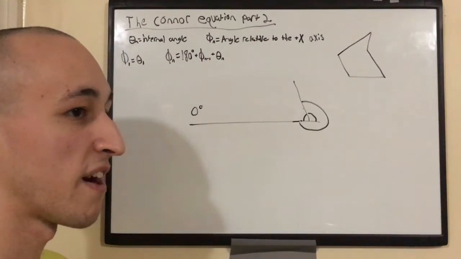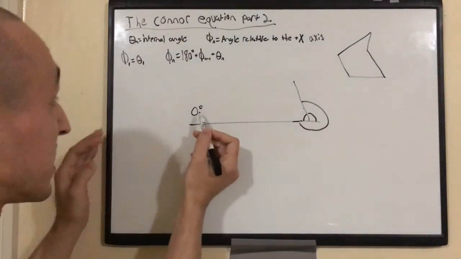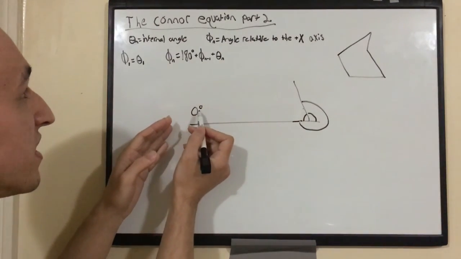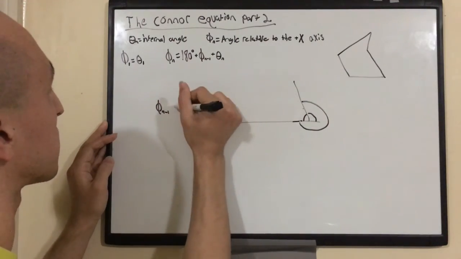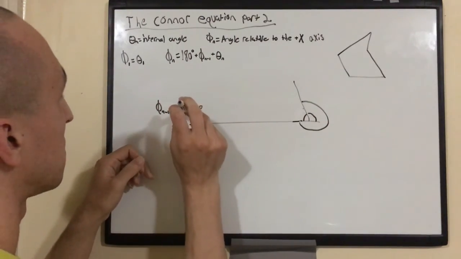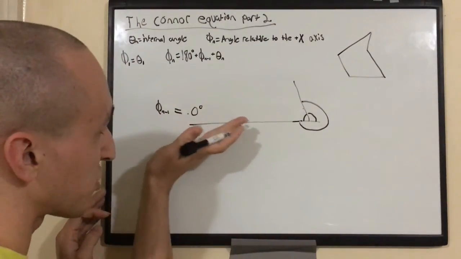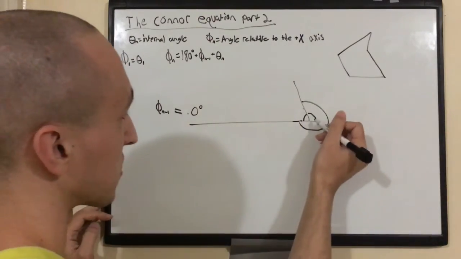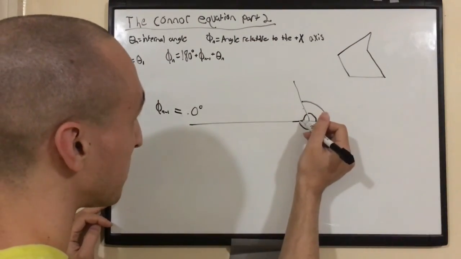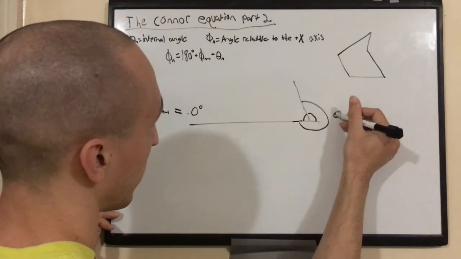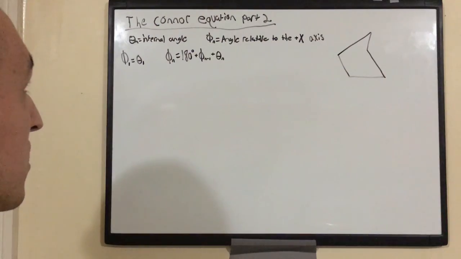Remember, this is not the interior angle. This is phi n minus 1. So let me make that clear: phi n minus 1 equals 0 degrees. That's just this side relative to the positive x-axis. We add 180 degrees, and then we add 0 degrees. Done. Then we add theta, whatever it is. It's a big angle this time. That's it. It's really that simple.